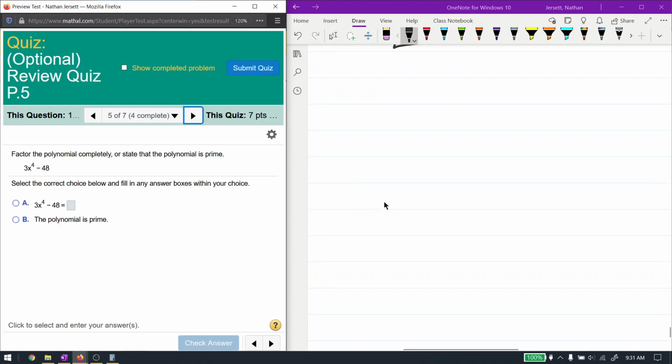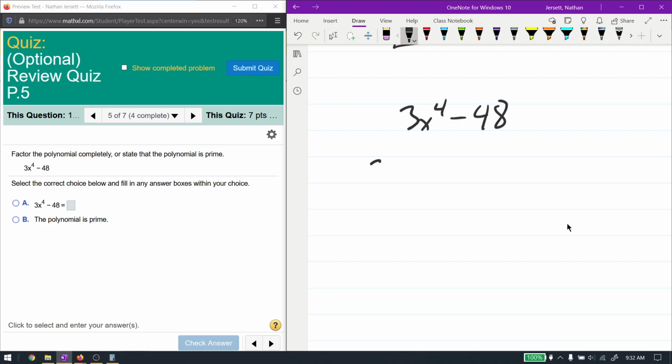Okay, I want to factor this polynomial completely. 3x to the fourth minus 48. Now, this is a difference, and you could kind of ask the question, is this a difference of squares? It's not squared or cubed, it's to the fourth power, right? So it's going to be the difference of two fourth powers. But the first thing we can do here is we can take out a 3 from both of these.